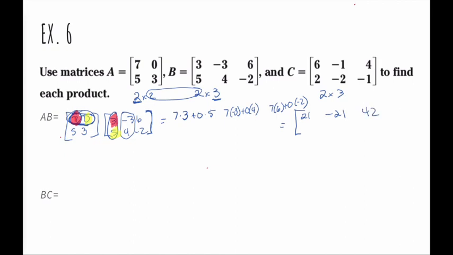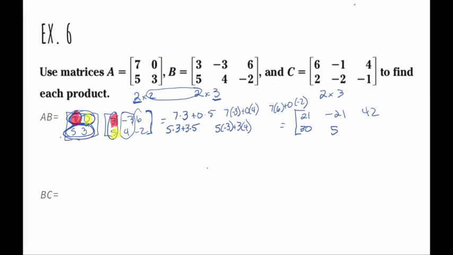And then we go down to the second row, and we're going to multiply the second row by each of the 3 columns. So 5 times 3 plus 3 times 5 is 30. 5 times negative 3 plus 3 times 4: negative 15 plus 20 is 5.